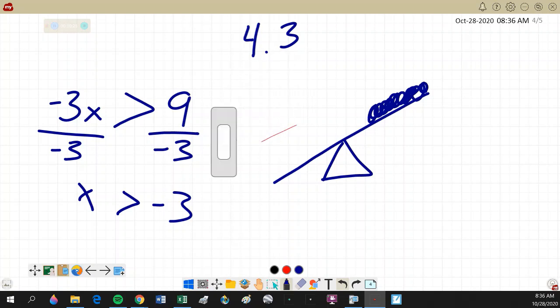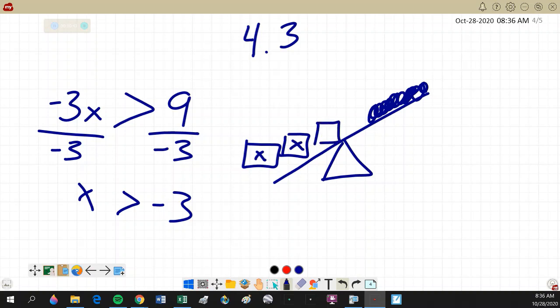And then on the left side, what do I have? I have the opposite of 3 x's. Okay? So I have these x's. I have 3 x's. And which way are the x's pushing, up or down? They have to be pushing down. Why? Because the left side is heavier than the right side, right?